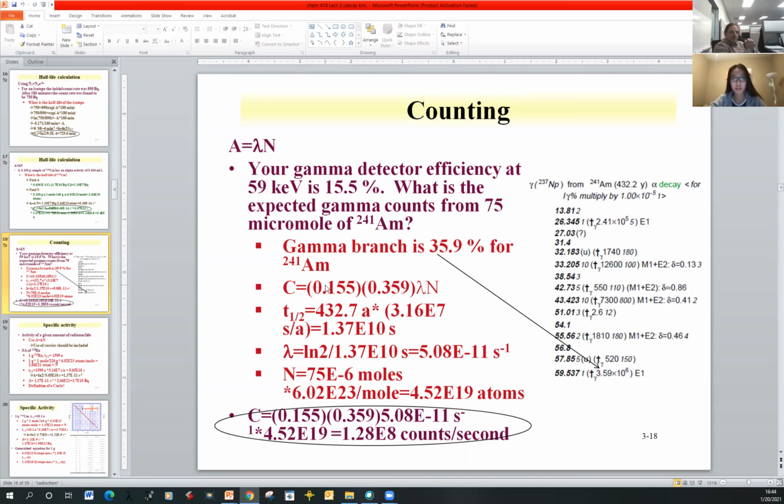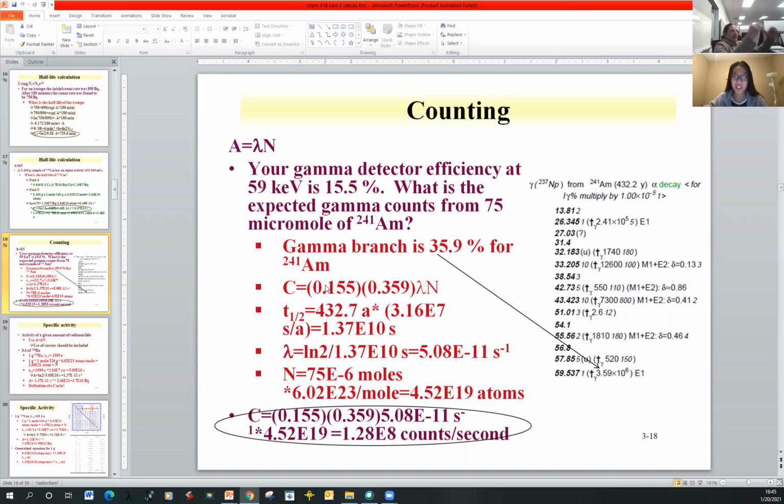I was confused on that efficiency because I was thinking that efficiency is from the decay, and I just realized, oh, it's the detector's efficiency. Right. I'm wondering why at the end you multiply the 15%, and then again multiply by another percentage.